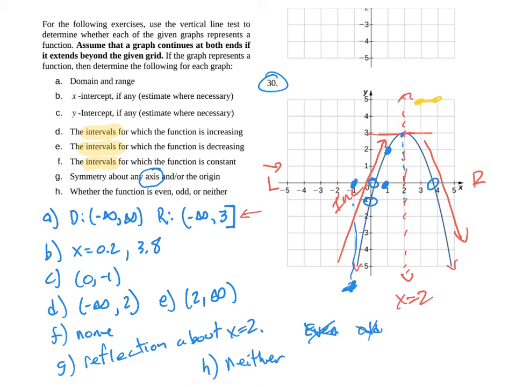Let me write out some math notation to drive that point about even or odd functions home on the next slide. Just to be clear, a function is even if f of x is equal to f of negative x.